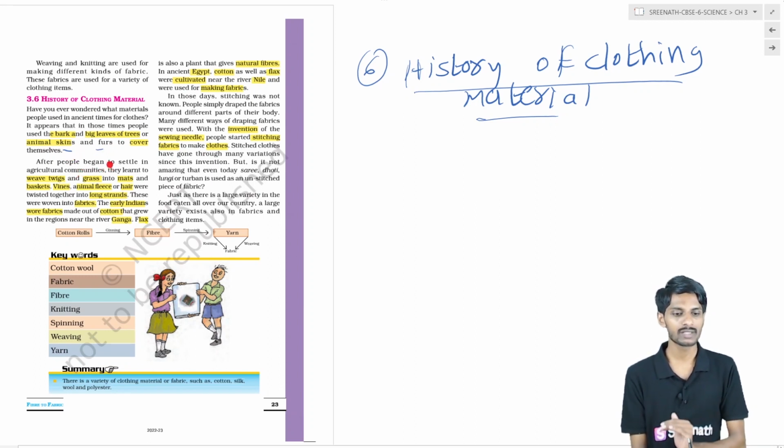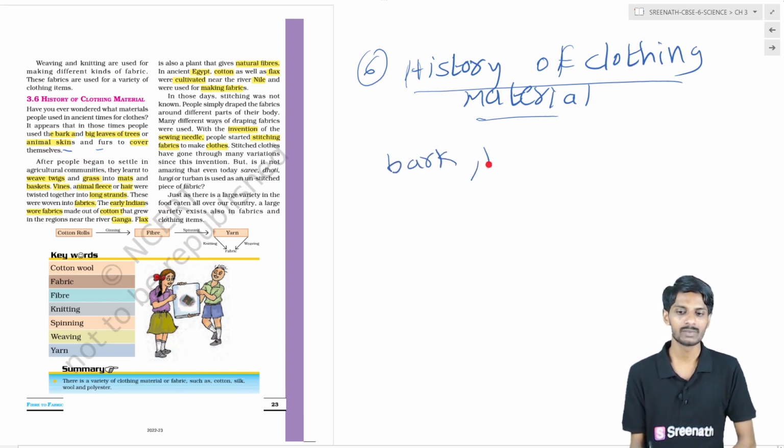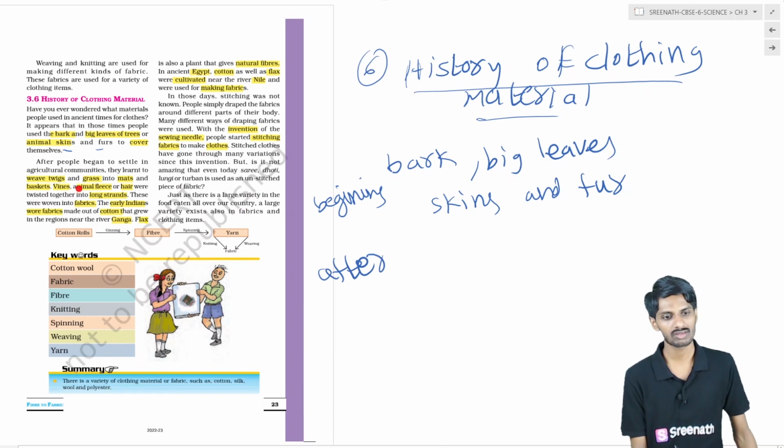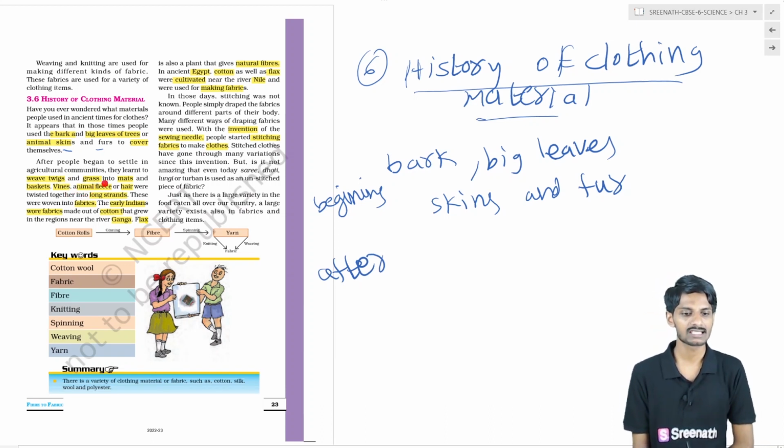After people began to settle in agricultural communities, in the beginning they used barks, big leaves, animal skins and fur. Afterwards, in agricultural communities, they learned to weave twigs and grass into mats.